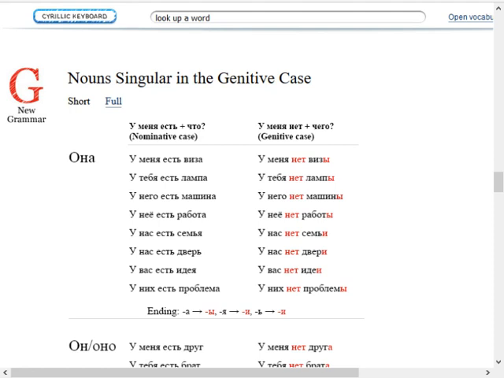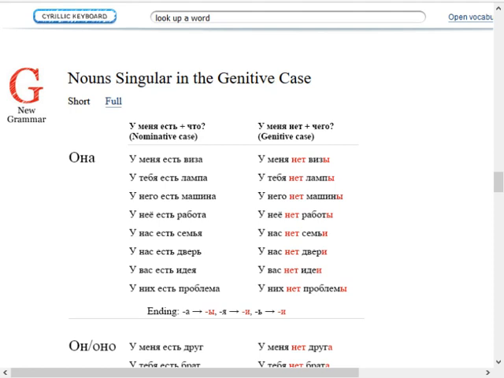So visa, lampa, machina, all of these don't change if you say у меня есть or у его or у нас. So if you say that I have something or he has something or we have something, it's all the same. You don't change the noun.